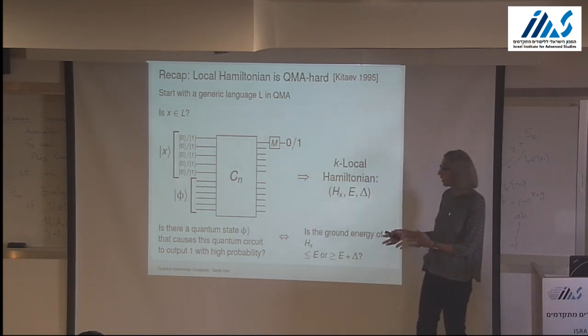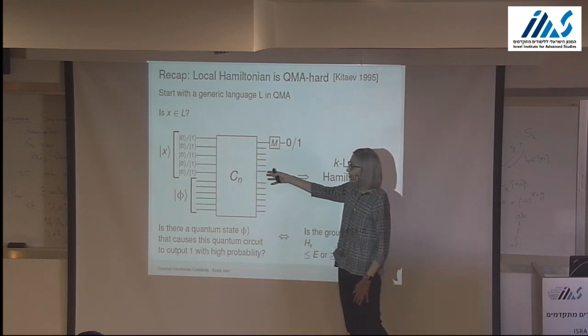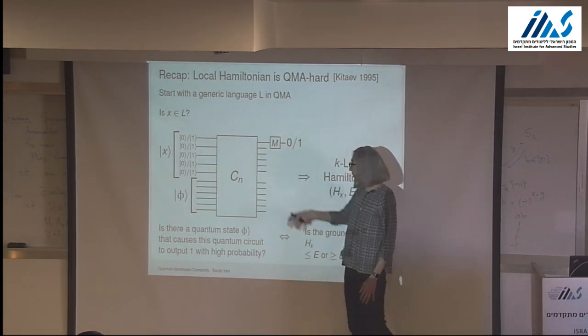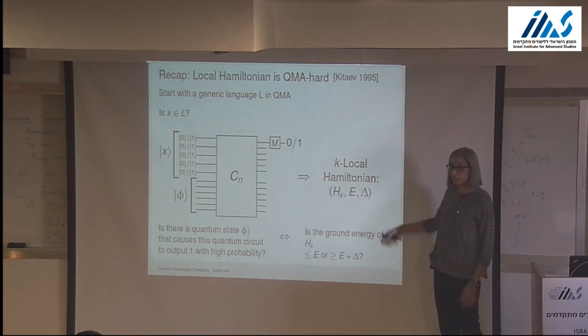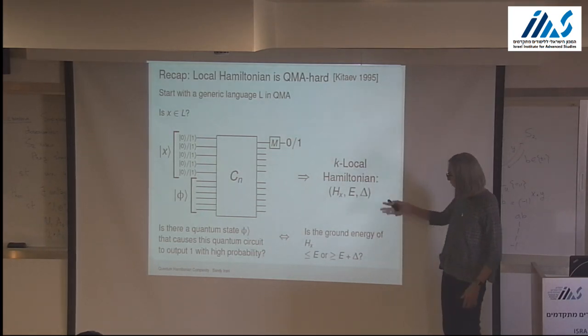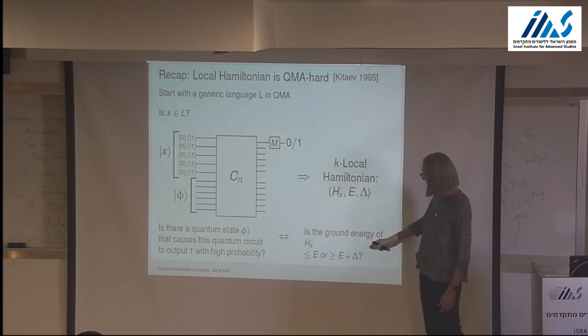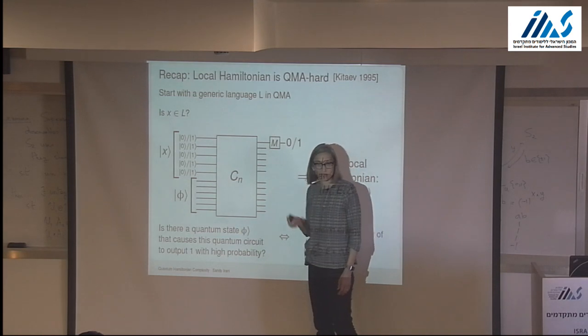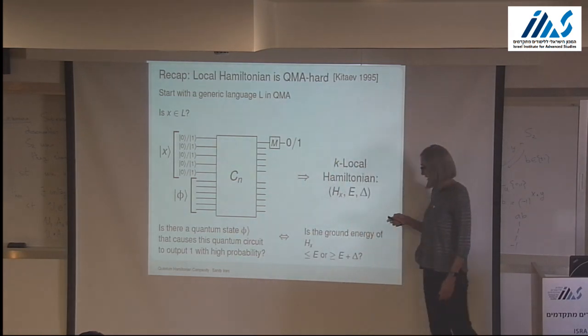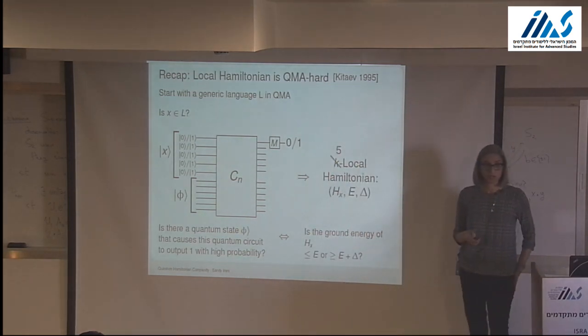If X isn't in the language, in other words, this circuit will not accept with high probability, then the lowest eigenvalue of H of X is bounded from below. Okay, so the question of what the ground energy of this Hamiltonian is answers the question of whether X is in the language. Okay, and we did this for 5-local Hamiltonian.